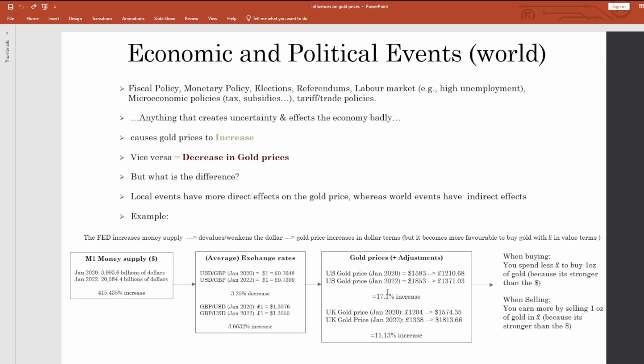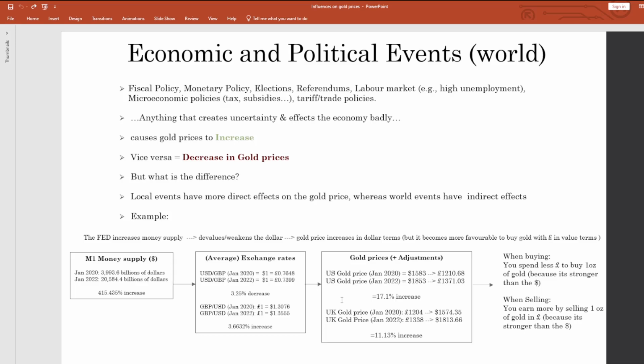Now in 2022, the price of gold clearly increased by a long shot. It was $1,853, which in pound terms, using this exchange rate, was 1,371 pounds. So the gold price in dollar terms increased by 17.1%.